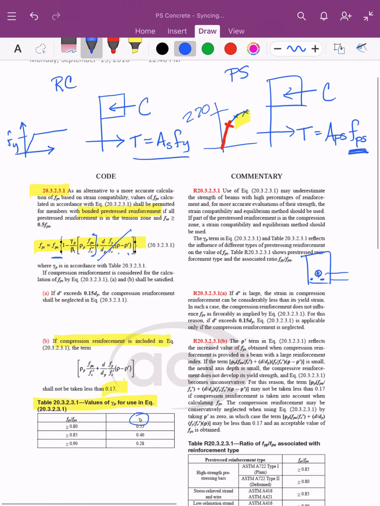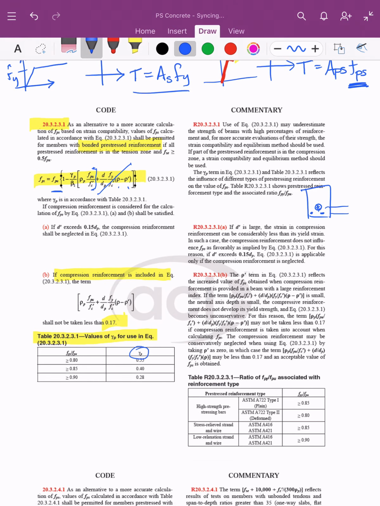Now, the nice thing is if you look over to this table in the commentary, this is what we really use. If we're using bars, stress relief strand, or low lax, and low lax is what we've been primarily using, it says that ratio is 0.9. So the gamma sub p that we use in that equation is 0.28.